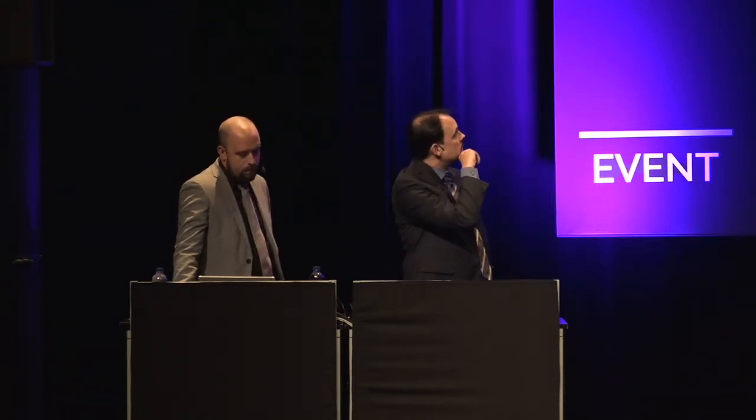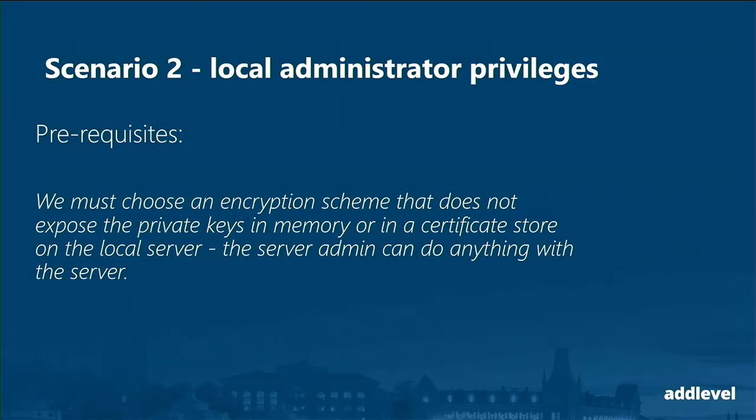What we have to think about here is that we must choose an encryption scheme that does not expose the private keys in memory. Because if you have local admin on the server, you have access to the memory, you could do a memory dump, and then you have the encryption keys, right? I mean, we're not taking any consideration to the complexity of the attack here. We're just saying that you have access to the memory.